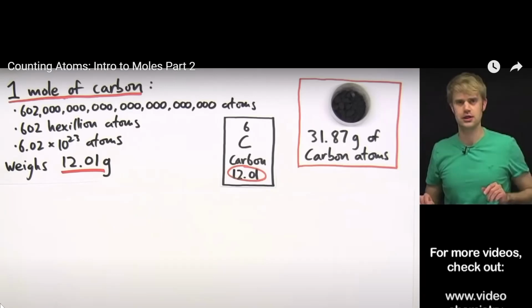Could you find, using unit conversion, how many moles of carbon atoms are there in 31.87 grams of carbon? Do you think you can figure that out?